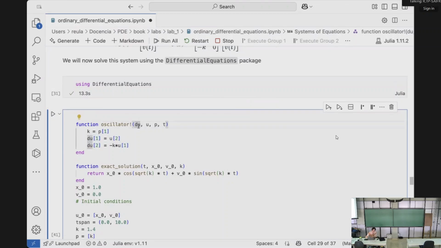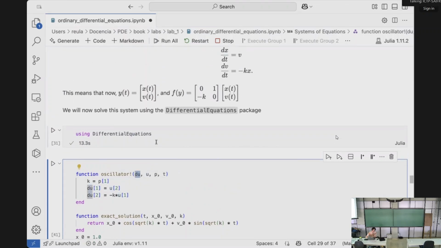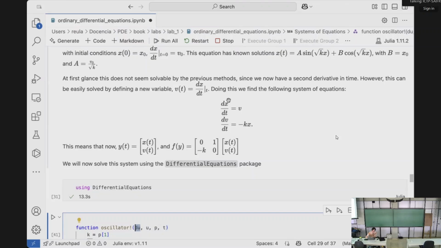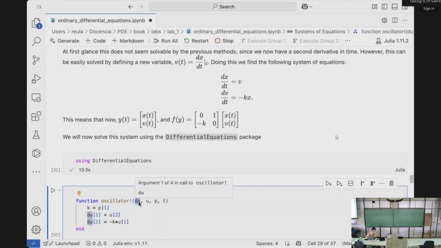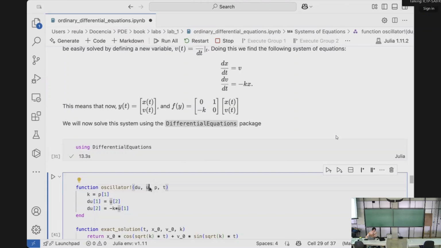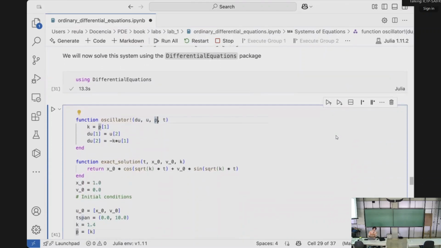So here we will have a du that is actually an approximation of the derivative, that is dx over dt and dv over dt, which will be a vector of two components, u, the solution at the current step, the parameters that we want to solve the equation with, and the time t here. So here k, for example, will be the only parameter that we are using, and we use that the derivative of the first component is equal to the second component.